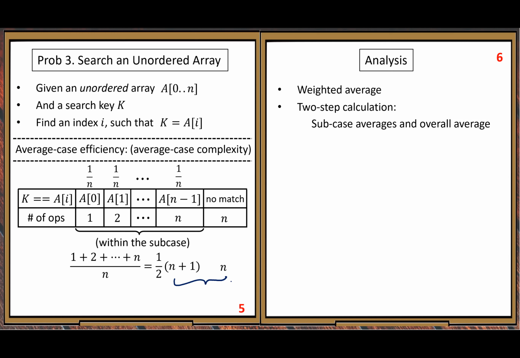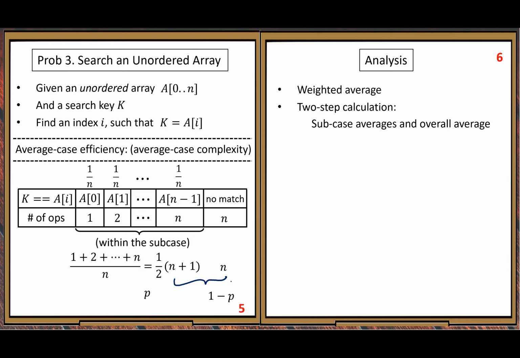But we need to figure out their corresponding weights. The weights could be different. So we use P to represent their weights. For the first subcase, we know the probability is P. That means the weight for the first subcase is P. Similarly, the weight for the second subcase is 1 minus P. Then let's do the weighted average this time.